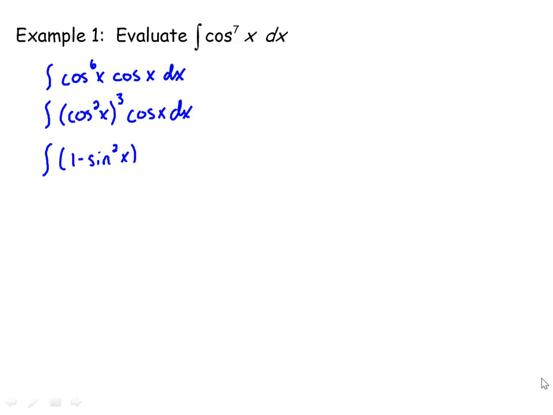One minus sine squared, and again, we need to keep the cube in there. So why did we do this? Do you remember what I told you? Use substitution. What are we going to let u be? So what is du?